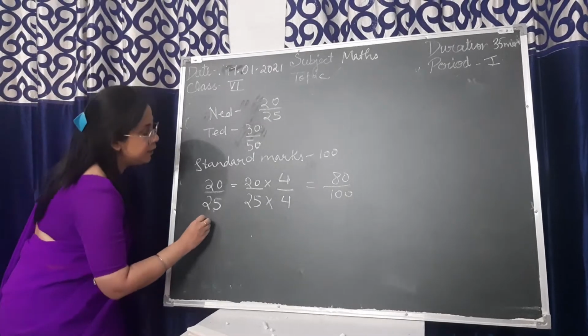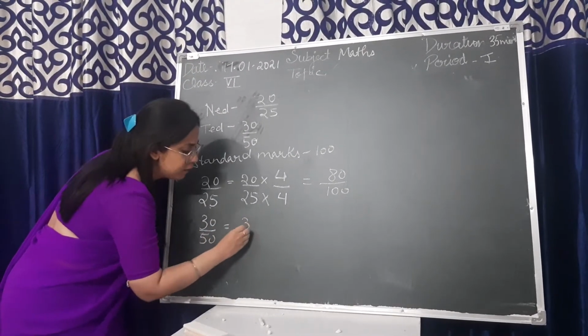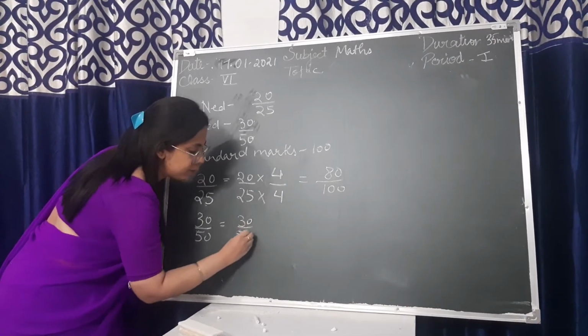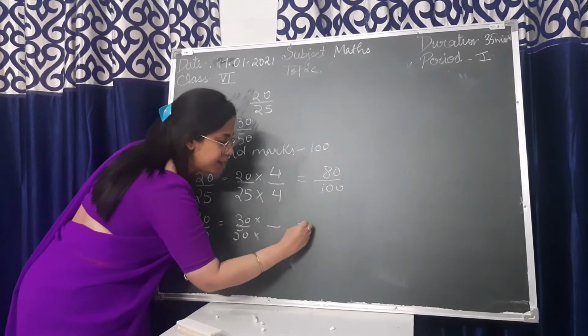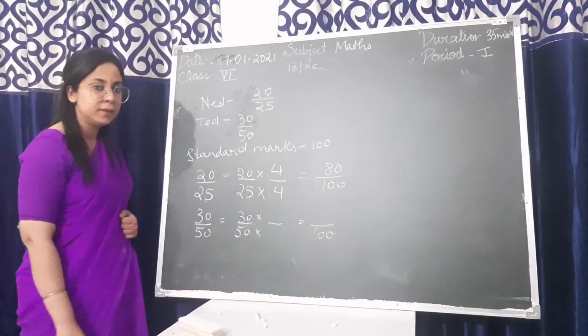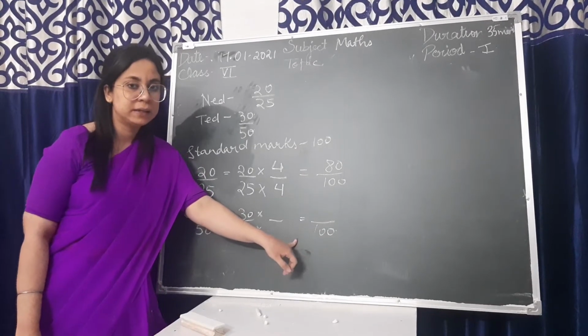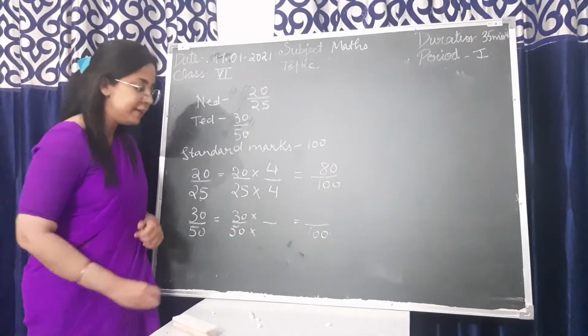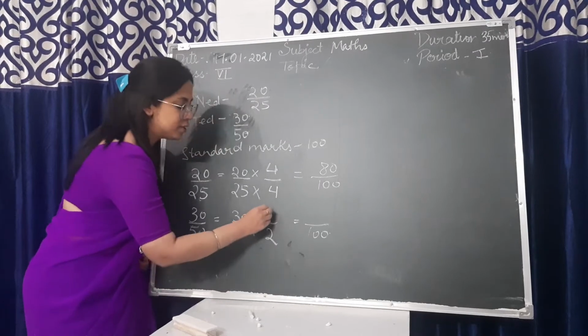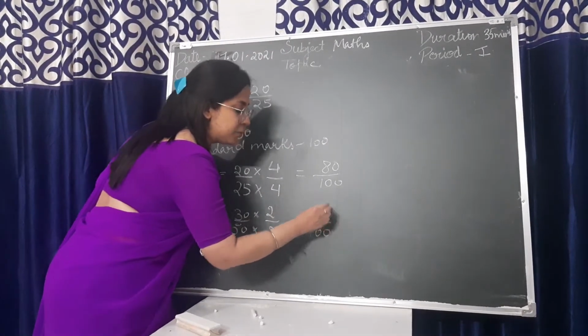Now, similarly, if I do it for 30 over 50, which is that number when we multiply with numerator and denominator to get 100 at the denominator? 50 times what is equal to 100? 2. Yeah, very good. So 2 in denominator and 2 in numerator. So we will be getting 60 out of 100.